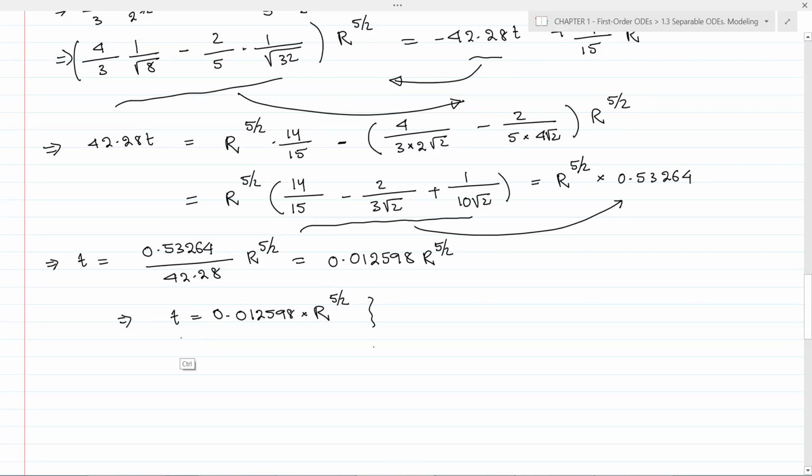This equation gives time taken for the water to reach half of the height of the hemispherical tank for a tank of any radius r.